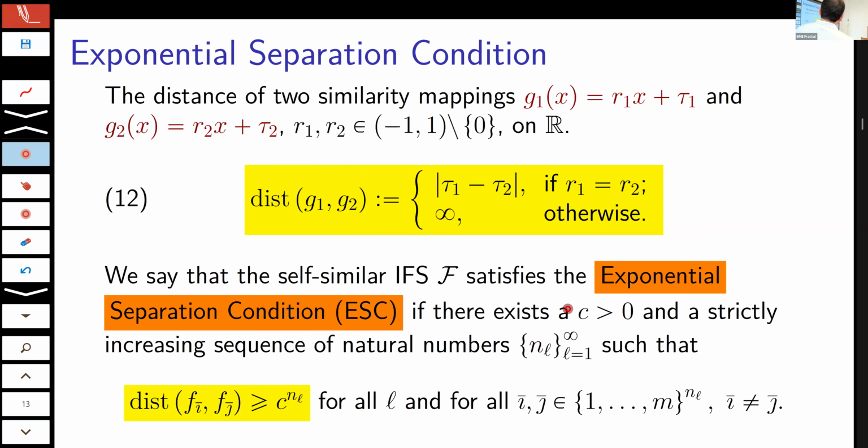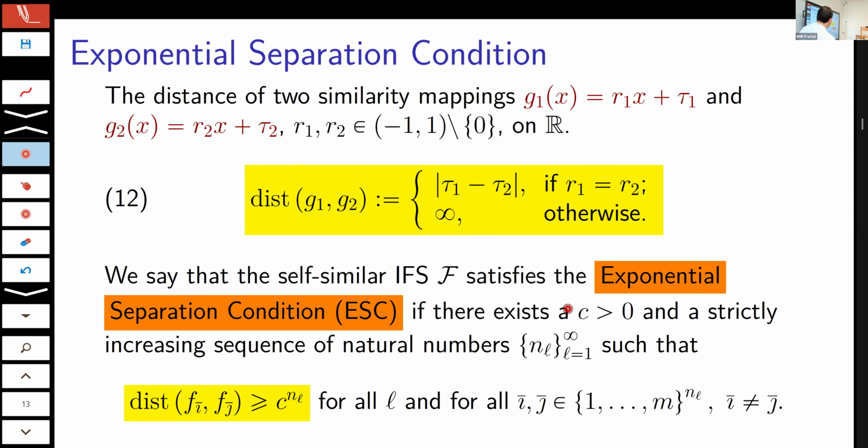When the system is self-similar, we can define this very mild, very nice separation condition called the exponential separation condition, or just ESC for short. First, I define the distance of two similarities, g1 and g2. Their distance is just the difference of their translation parameters if they have the same slope.